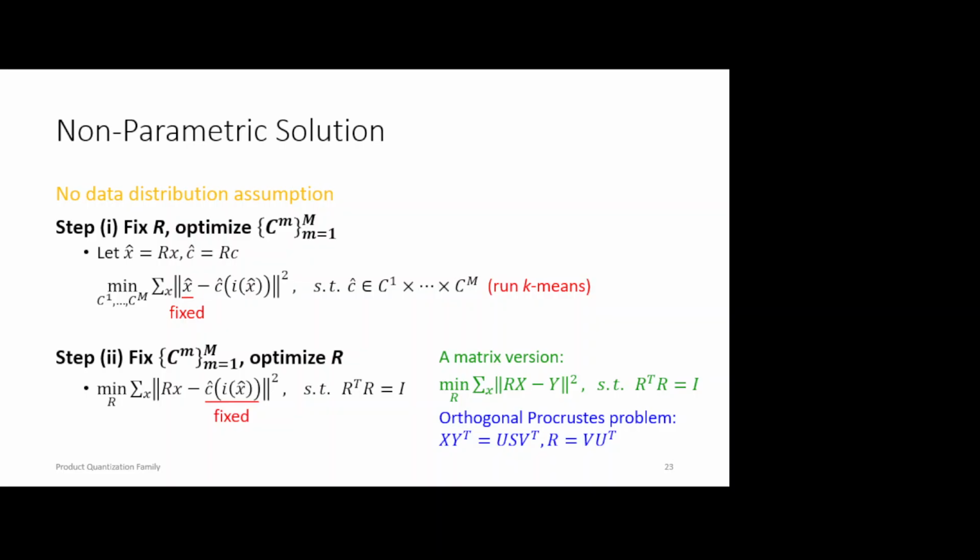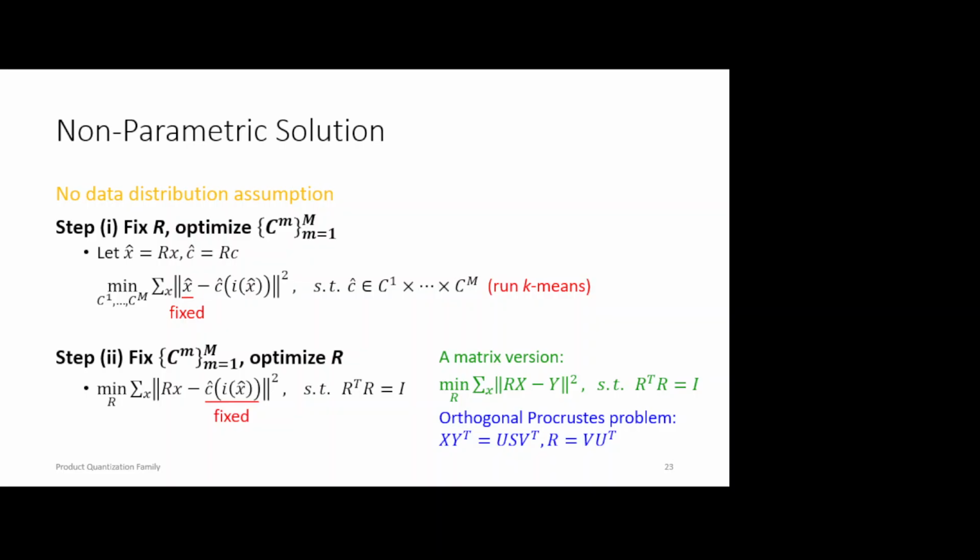Then in step 2, we fix the codebook and optimize your rotation matrix. Here your error term is fixed, and we want to optimize R. Because R transpose R should be identity, there is an analytic solution for it. Just use this equation.